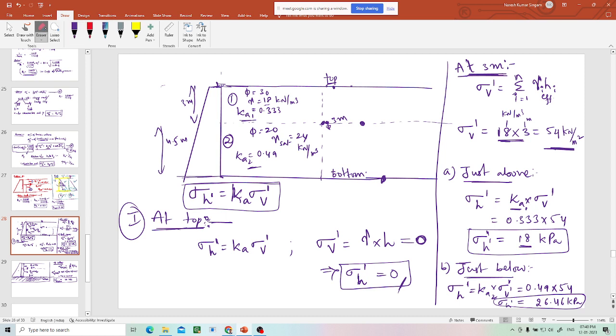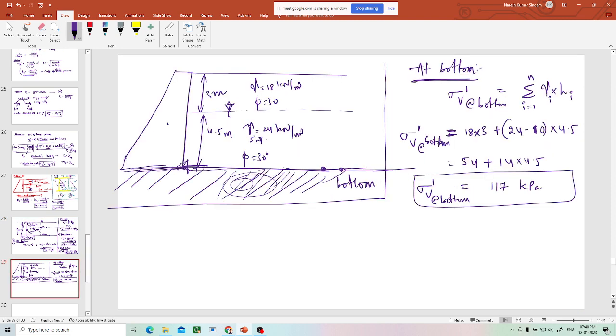First you have to find sigma V completely. Then if there are two layers, just above, the total sigma V is converted to sigma H due to Ka1. If you go a little below, the total sigma V is converted to sigma H due to Ka2.